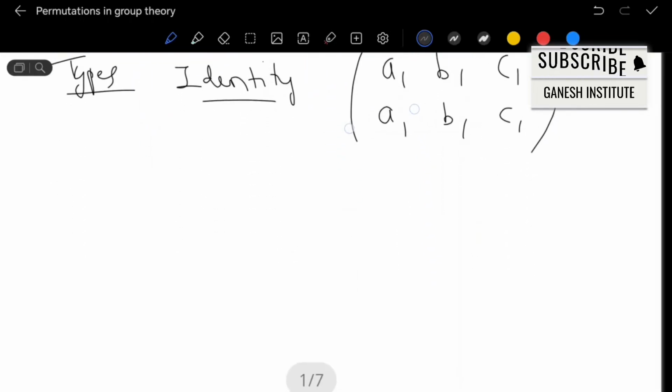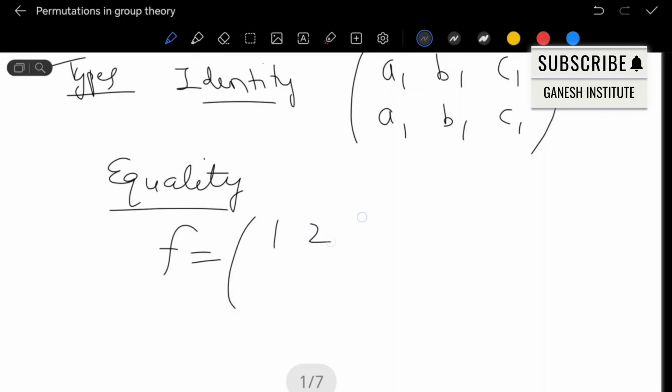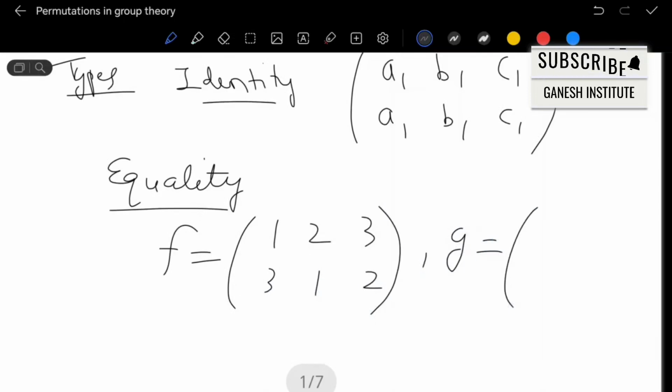Alright, if you want to see whether permutations are equal or not, that is equality of permutation, then how can we check that? Let's say I'm having one permutation as 1, 2, 3 and their respective images are 3, 1, 2, and I'm having another permutation which is 2, 3, 1 and their respective images are 1, 2, 3. Now you can see the degree 1, 2, 3.